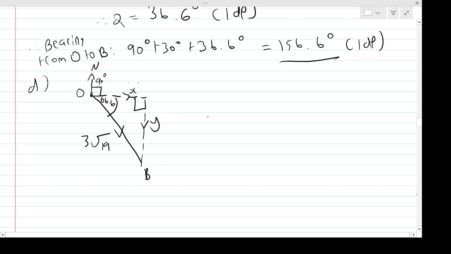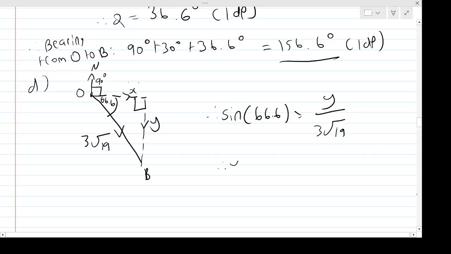So therefore, we can use some SOH CAH TOA. So firstly, y. Well, y is opposite the angle 66.6. So sine of 66.6 is going to be y over the hypotenuse, which is 3 root 19.